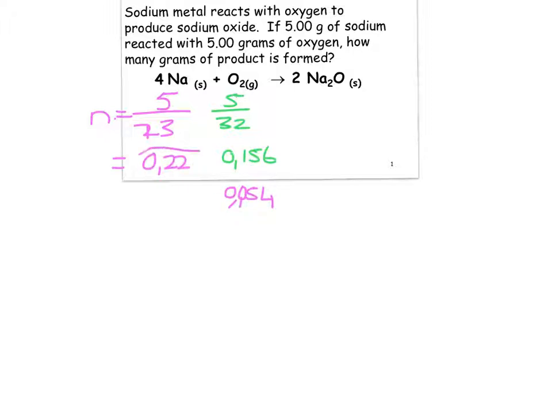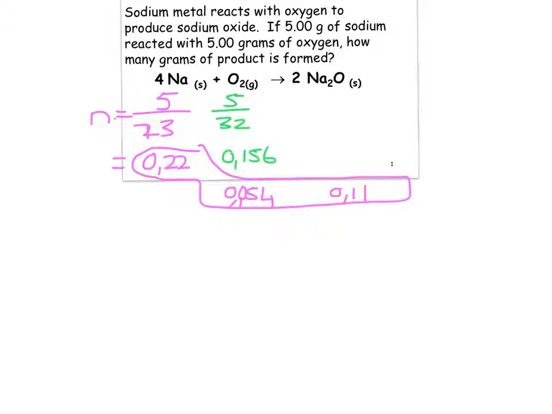And we can now do a full link over here, which says that 4 is to 1 is to 2, as 0.22 is to 0.054 is to 0.11.